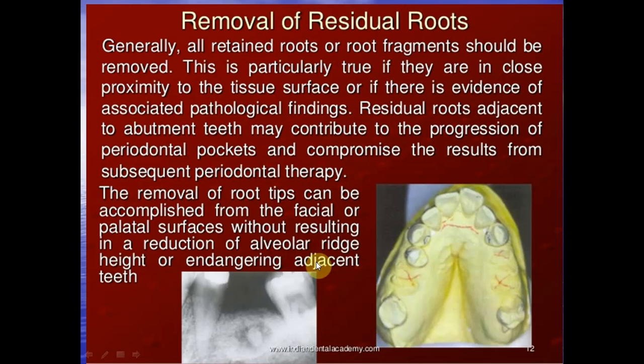So this is the residual root. If we make a removable denture in this case, this root, which was in bone for many years, because of the pressure of the denture base of partial removable denture, will erupt, and then we will have to extract it, and then the denture won't fit and we'll have to remake the denture.